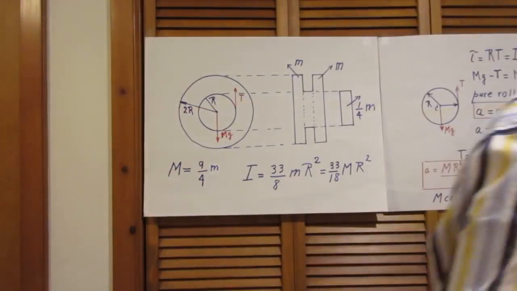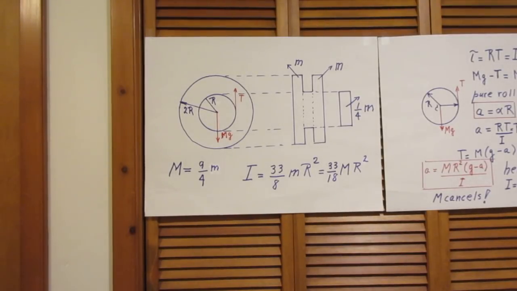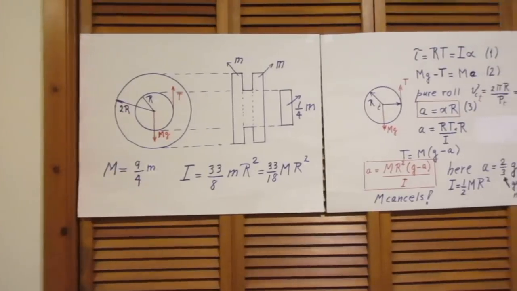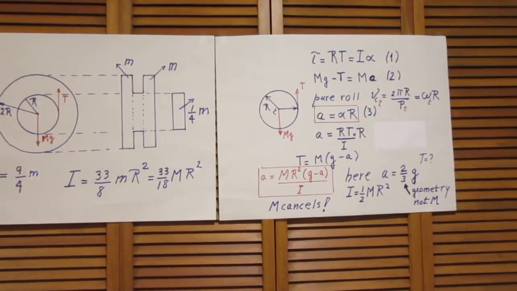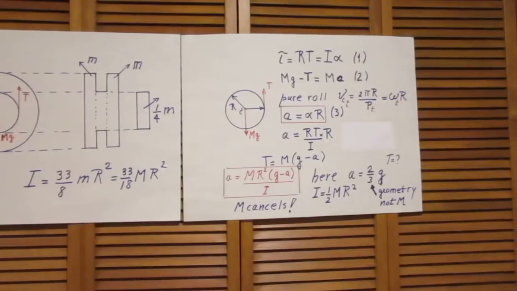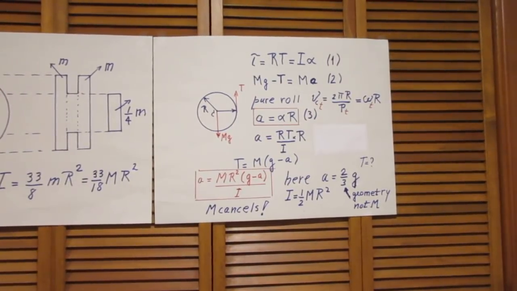Now, let's first move to an object that rolls down a string, but that is not a yo-yo. That is simply a disc with radius r.